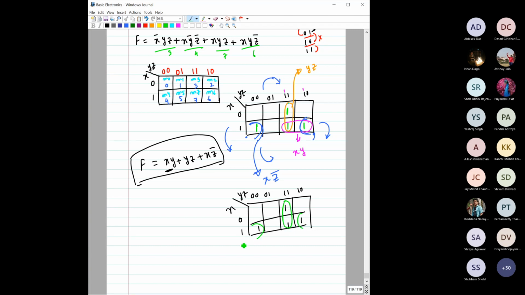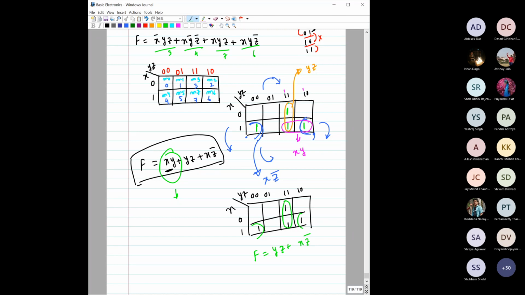You know why take one more group? Because this one is already covered within this group. So why take one more group? So you are very right. So if you are doing it from here, then see what you will be getting. You are getting yz for this, and for this you will be getting xz. So this part is redundant.